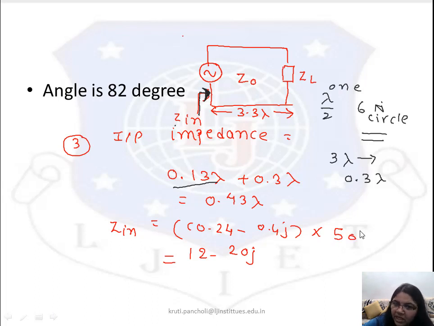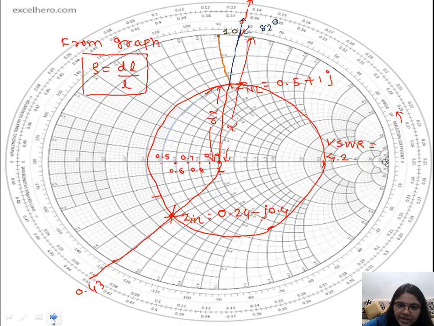While normalizing, you divide by 100; finding the actual value, multiply by 50. So it's 12 minus 20J. This point is 0.24 minus J0.4, and to find the exact value, multiply by 50.